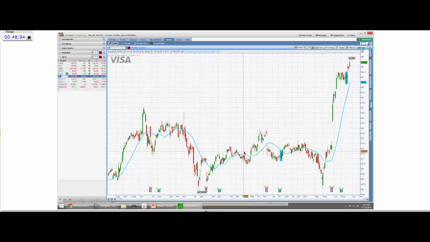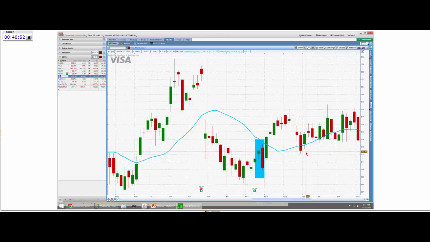Here on Visa, if we focus on this area here, this is a period where after this drop on earnings, you had a very significant slope lower. If you measure the price bars, it's even greater slope. Then you had a nice orderly retracement, and it's right in here that you get a nice bearish engulfing bar or setup.